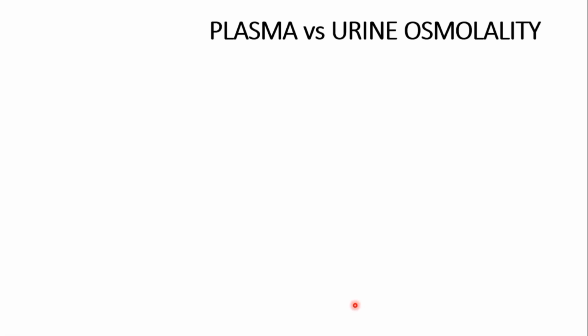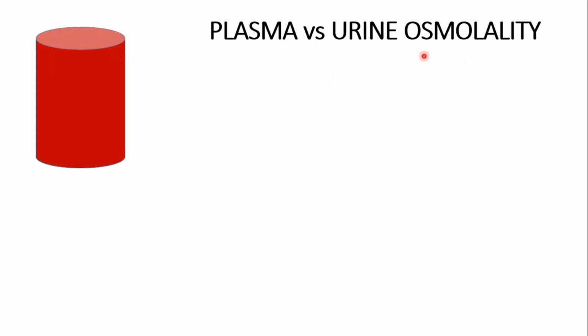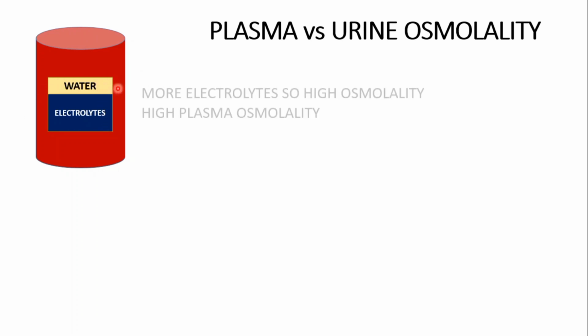Now, just as I said, I said compartments. Instead of compartments, let's have it as blood vessels. In the blood vessel, you see, in this case, there are more electrolytes than water. So it is high plasma osmolality. In the blood vessels, we have blood and plasma.